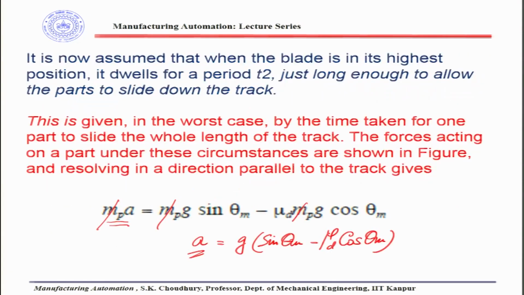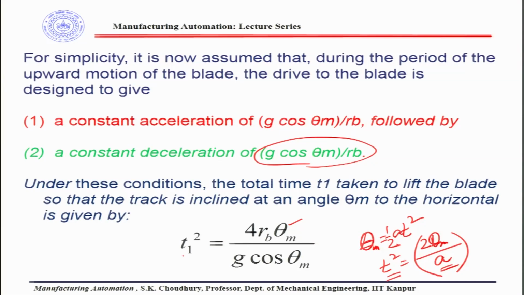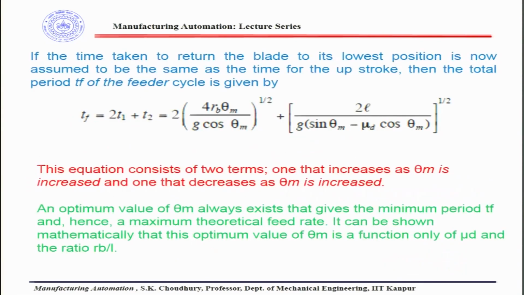We had the T1, which is the time taken for the part to go up. Now, for simplicity, we are saying that the time taken to return the blade to the lowest position from the up position is the same as the time taken for the blade to come from the initial position to the top position. They are the same.